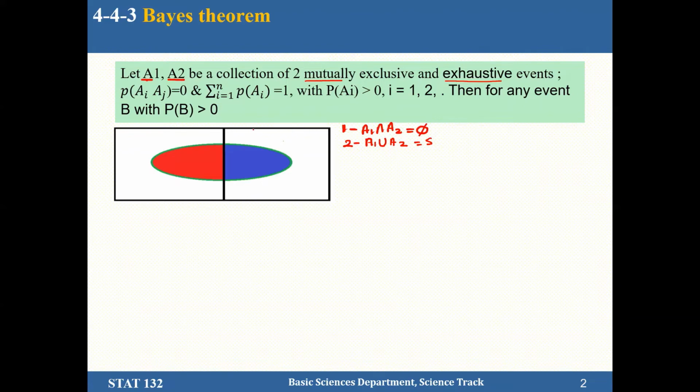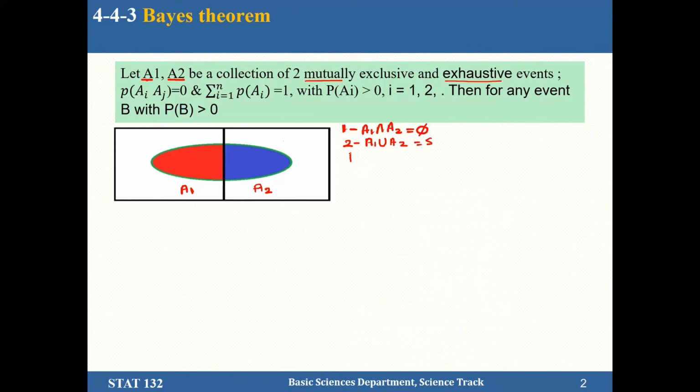We can explain this using this diagram. This is A1, and this is A2. A1 and A2 have no intersection, they are disjoint events. A1 union A2 equals our sample space.